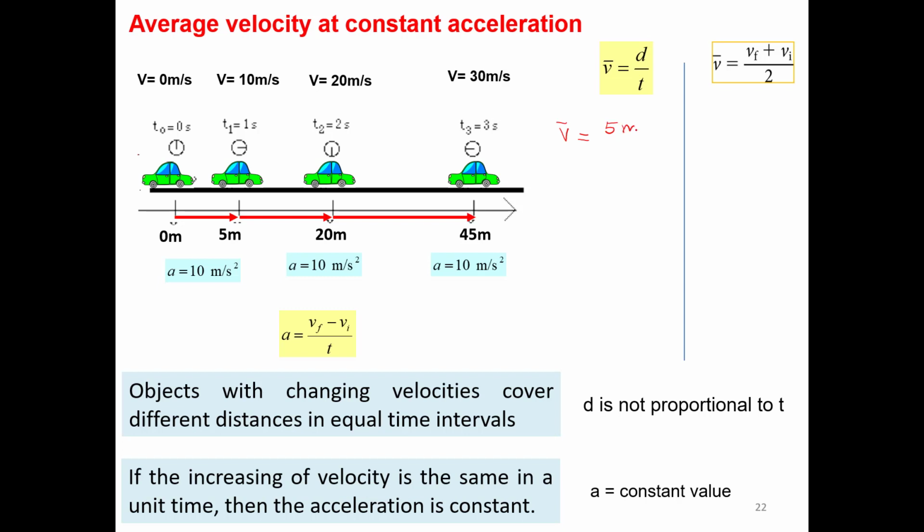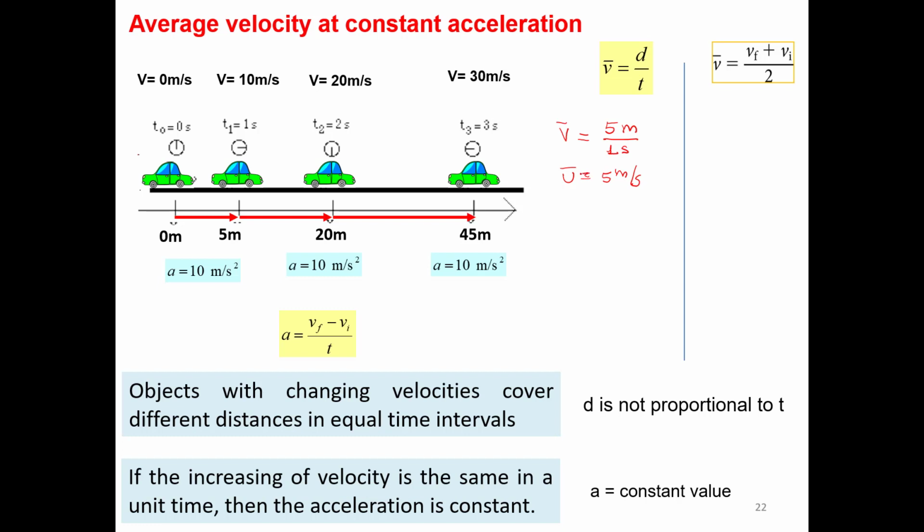So 5 meters over 1 second, and the average velocity is 5 meters per second. Then if the acceleration is constant, we can also calculate the average velocity if we know the initial and the final velocity in this period of time.